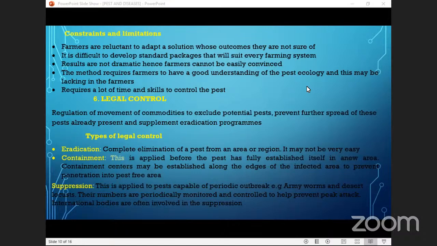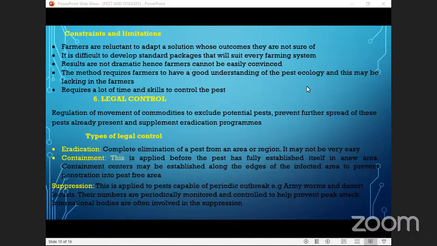Eradication simply means complete elimination of the pest from an area or region. You remove it totally, completely. It may not be very easy. Removing a pest totally from an area may not be very easy. But eradication is one of the legal control measures.